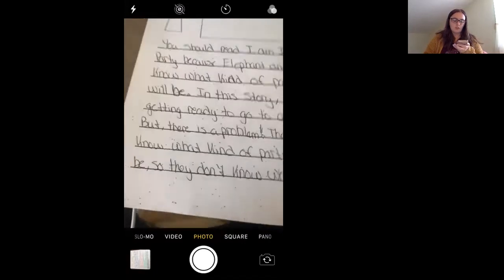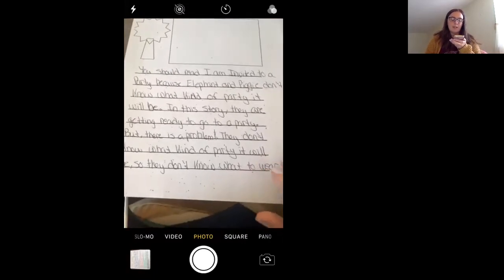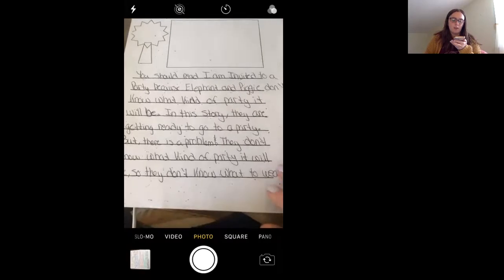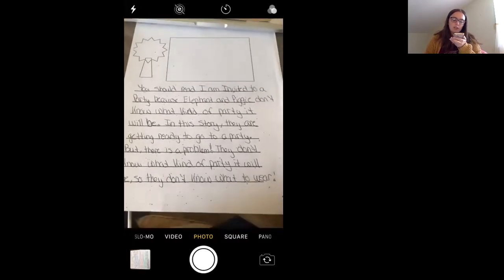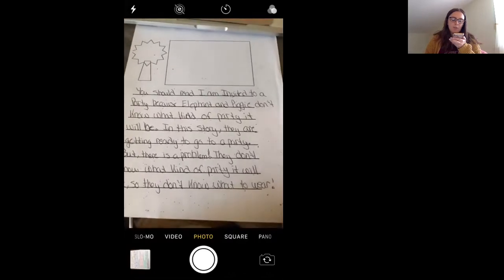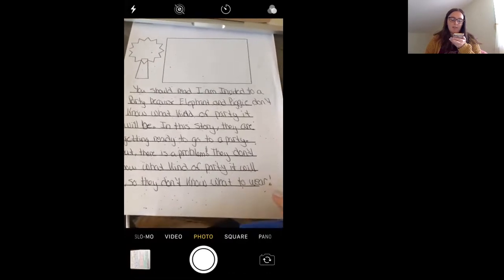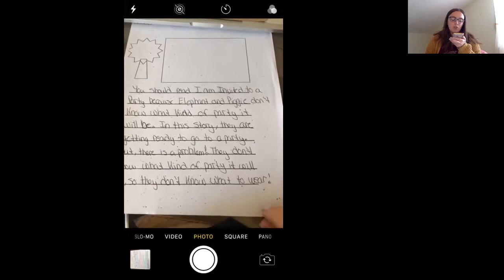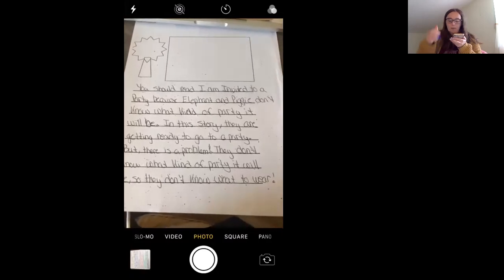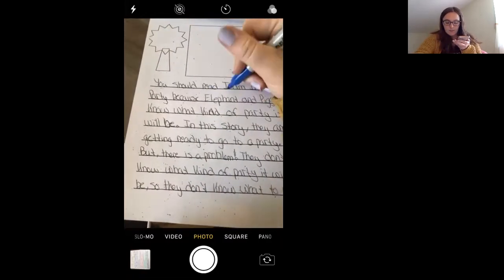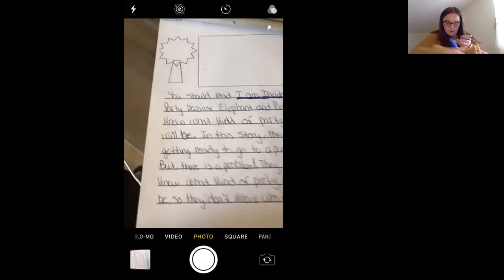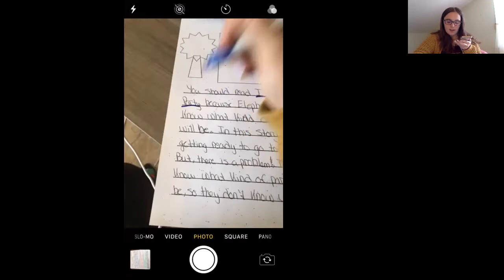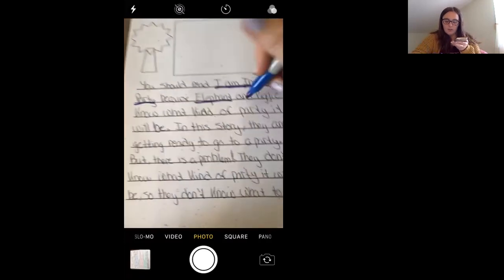So I'm introducing my characters and the book. I start off by saying, you should read I Am Invited to a Party because Elephant and Piggy don't know what kind of party it will be. So I said the title, and I introduced both my characters.